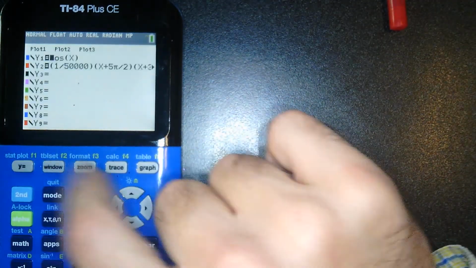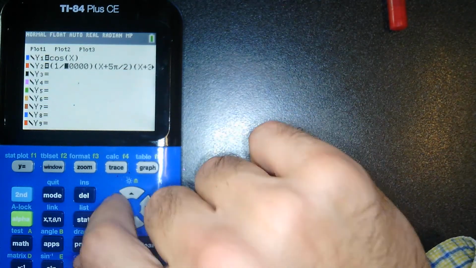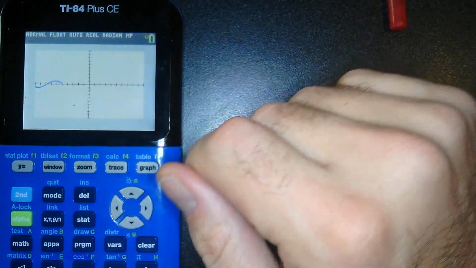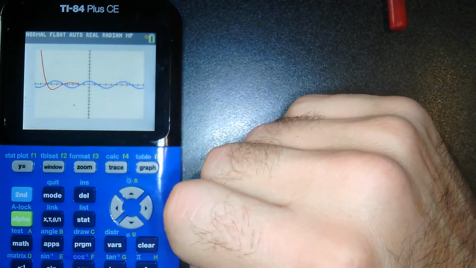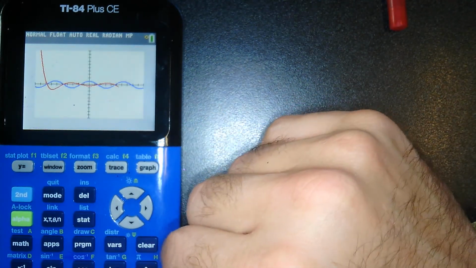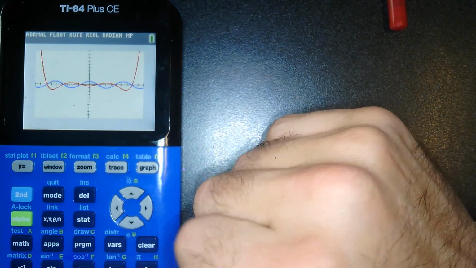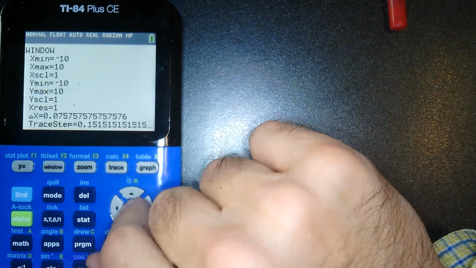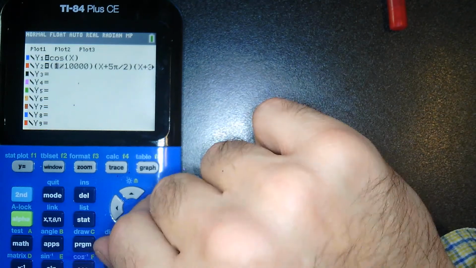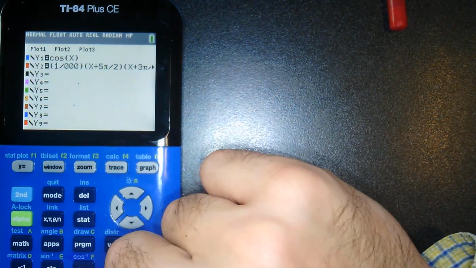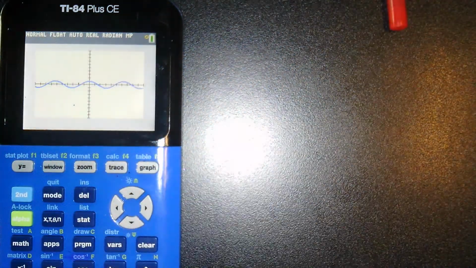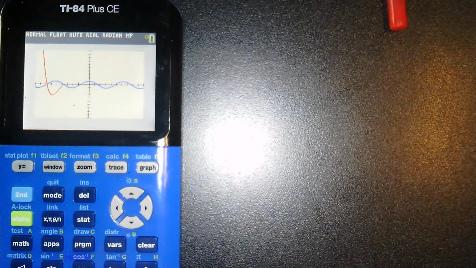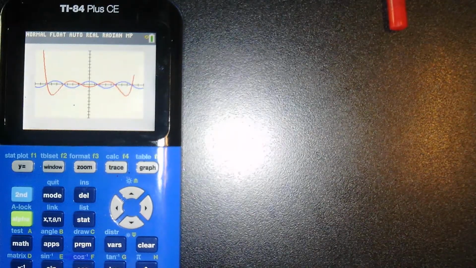How about 10,000? Ooh, that's looking much better, isn't it? Maybe still too compressed. We'll go 5,000. Okay, I'm sort of feeling it.